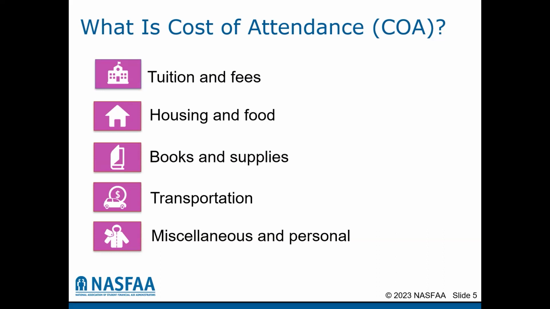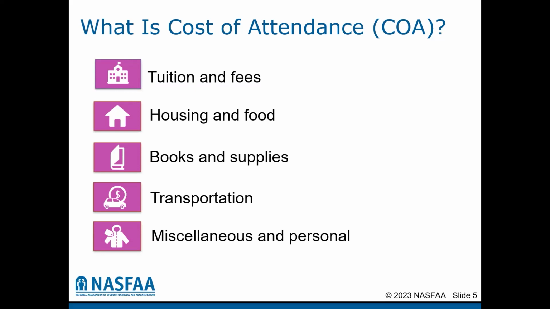Indirect costs are necessary or required expenses that are not paid directly to the college. For example, transportation, required licenses, required certifications or certification exams, professional credential costs, and personal care items.